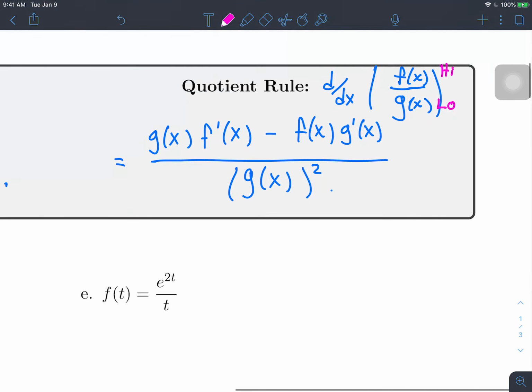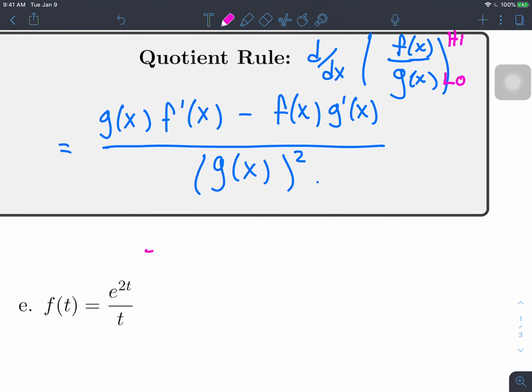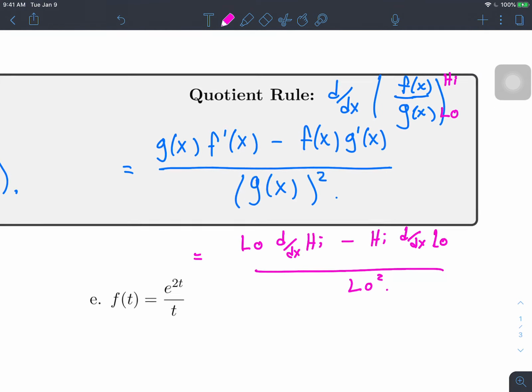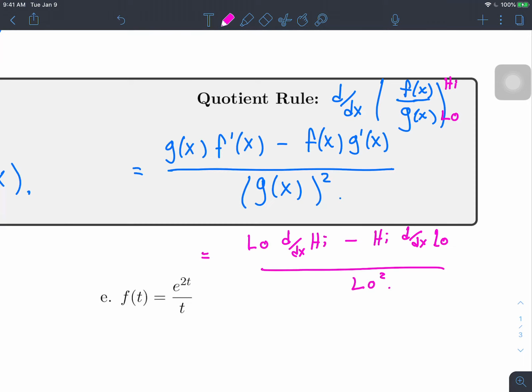And what they say is that this is just low d high minus high d low, all over low squared. So low d high minus high d low over low squared. That's one mnemonic device that people have for it.